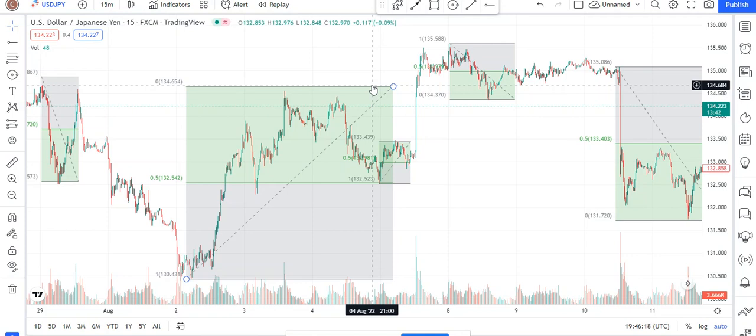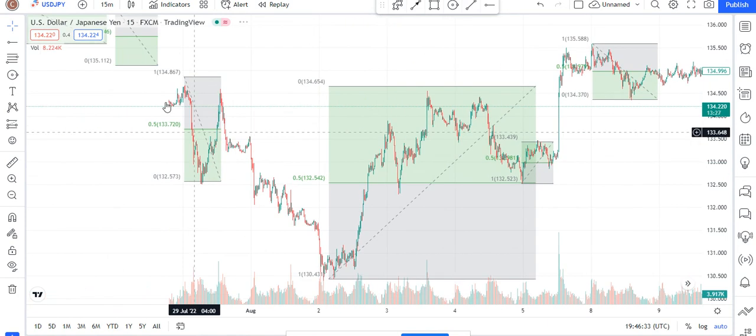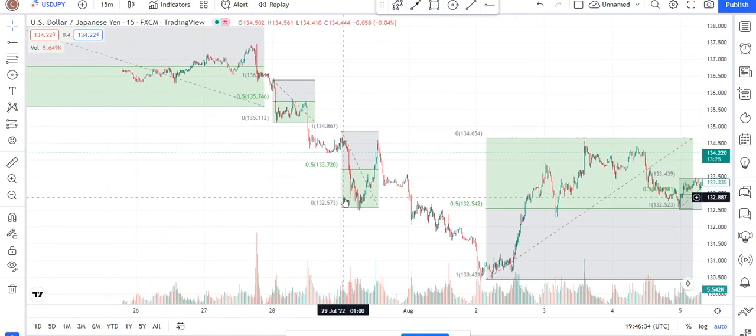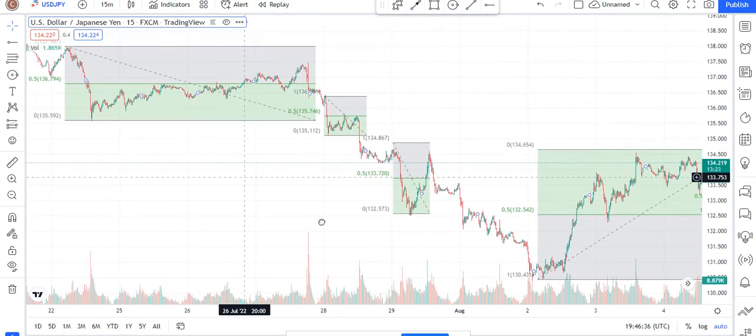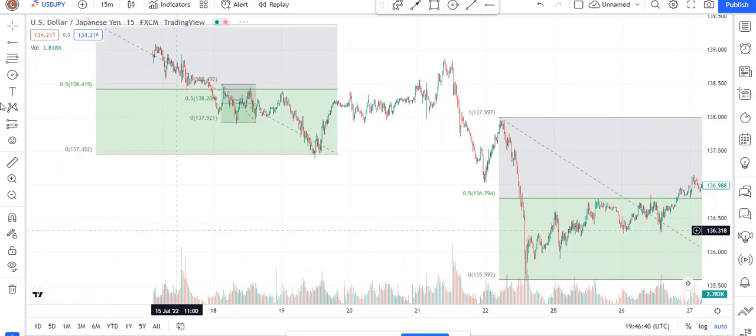Then in an upward trend, you buy at discount. So you buy cheap and sell expensive. The Fibonacci does not change. It's just the same thing. Do we understand?